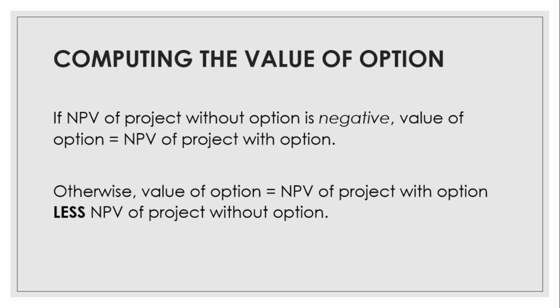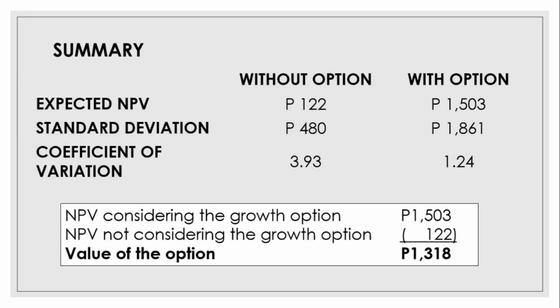So, looking back at our summary, we're going to deduct 122 from 1,503: the expected NPV of the project with option minus the expected NPV of the project without option. And so we have a value of the option of 1,318.